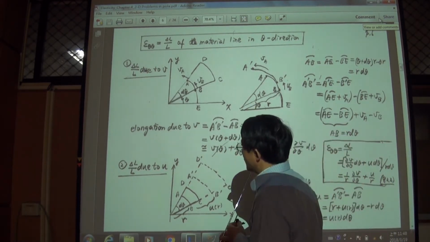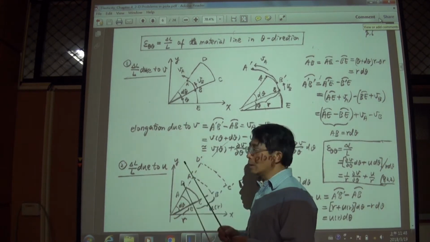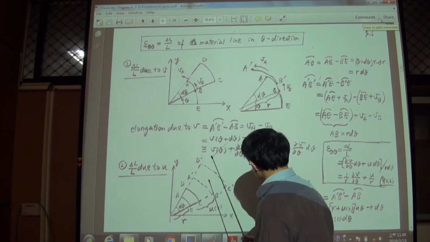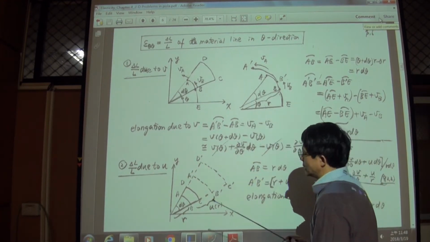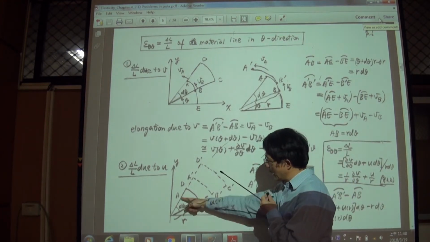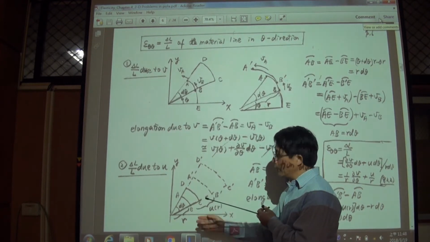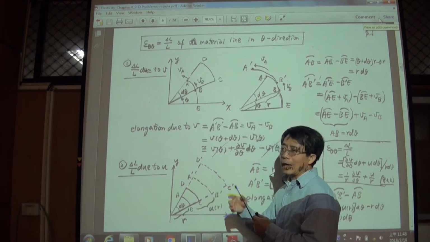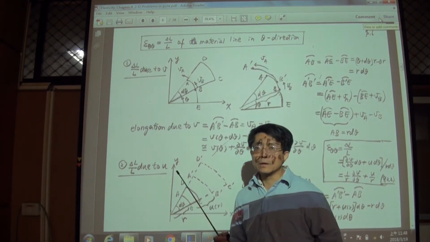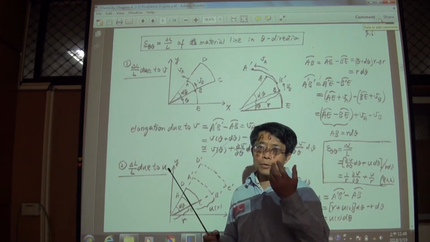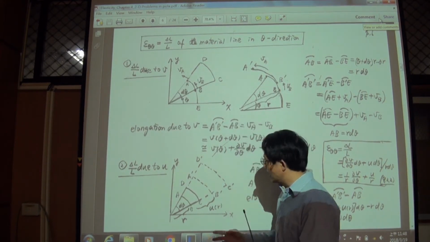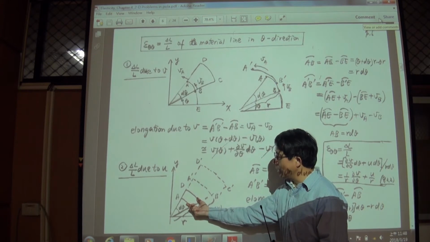How about the elongation due to U? What is U? U is the displacement in the R direction. We have material points A, B, C, D, and we push them along the R direction, just like when you blow a balloon and it becomes bigger and bigger. This is the skin of the balloon.